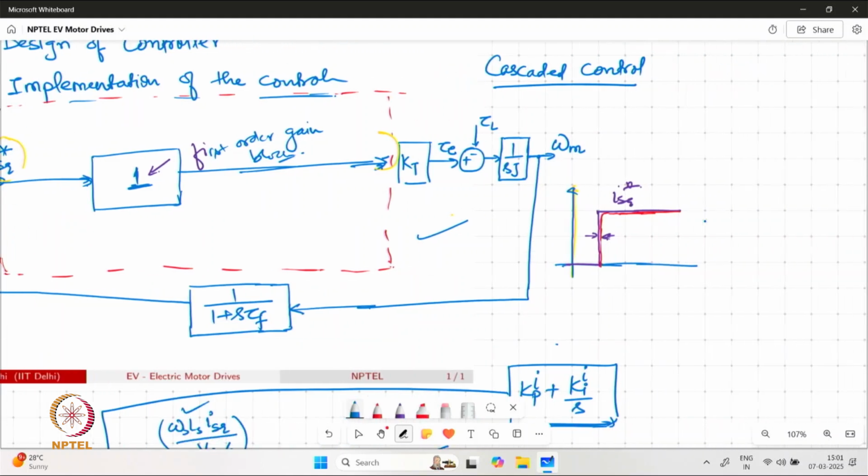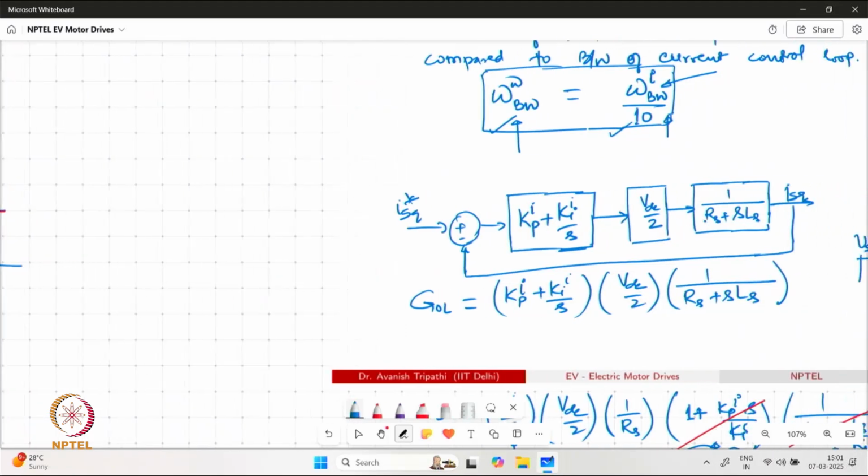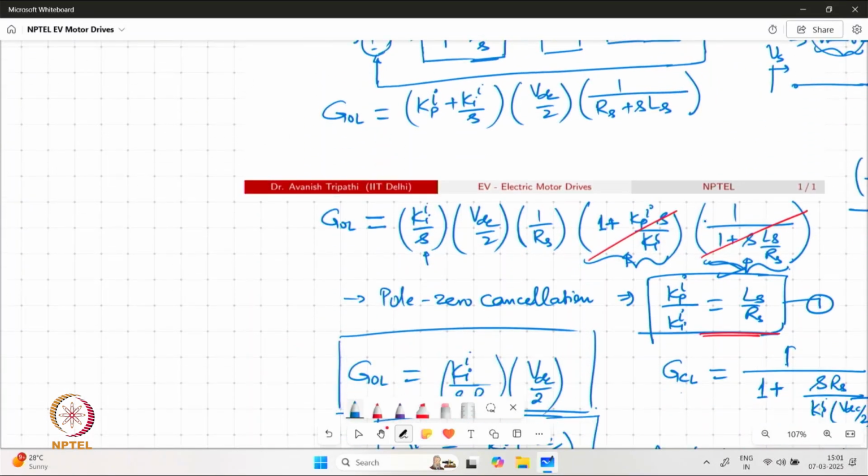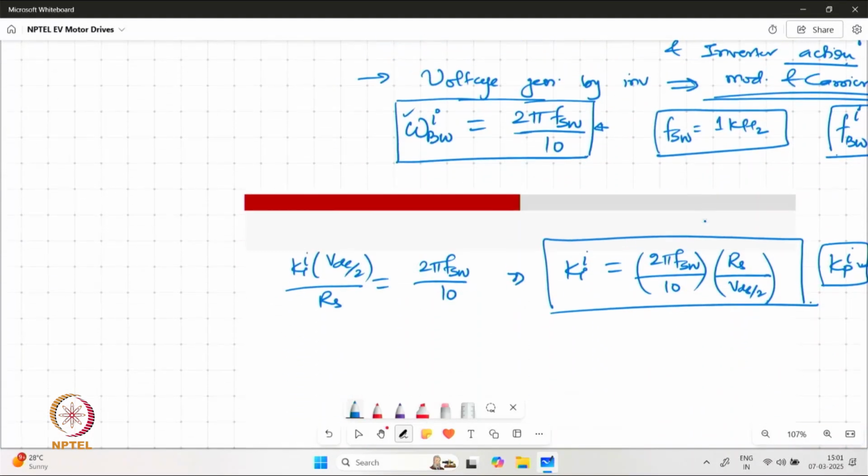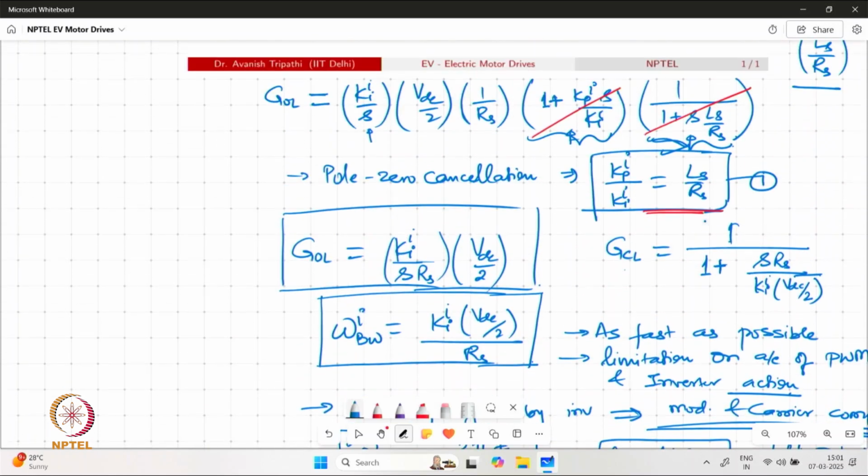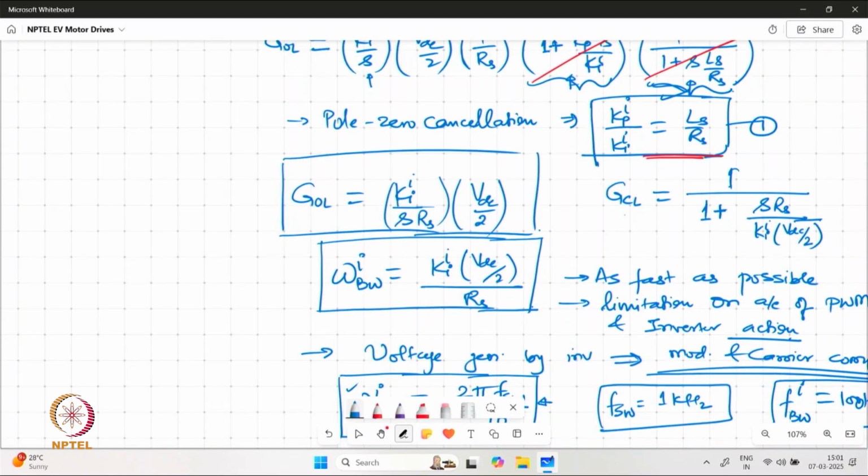Now, as observed, our closed loop structure for the current controller is looking like a first order system, as stated earlier.